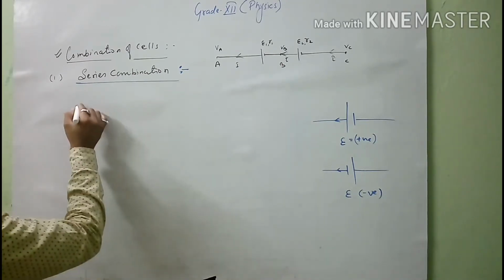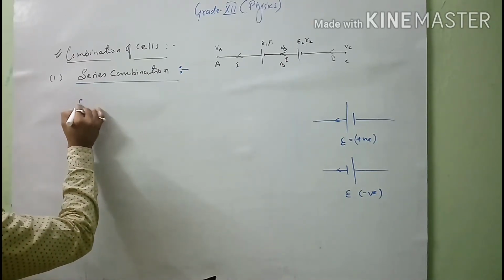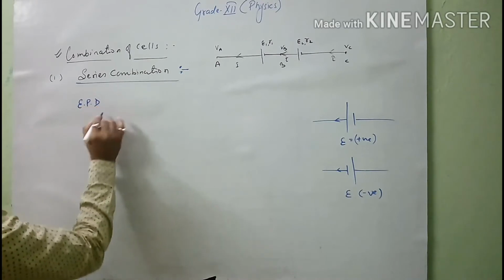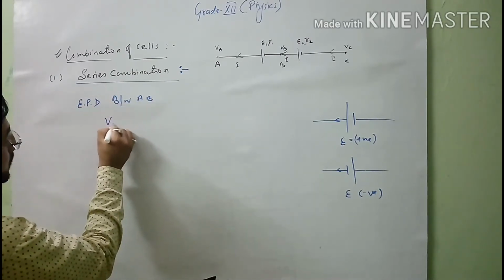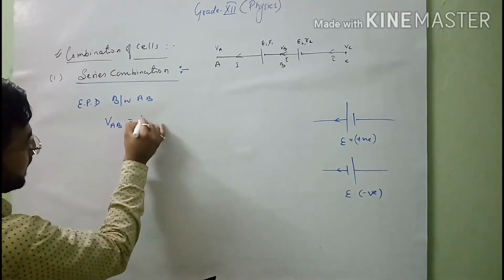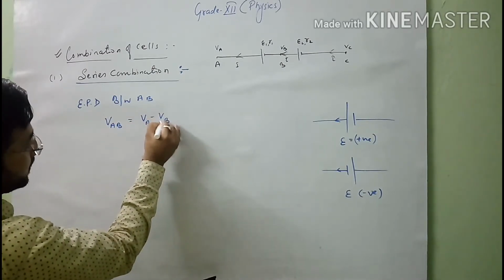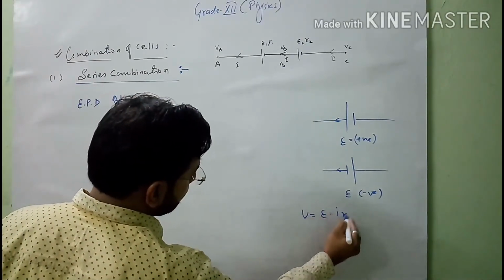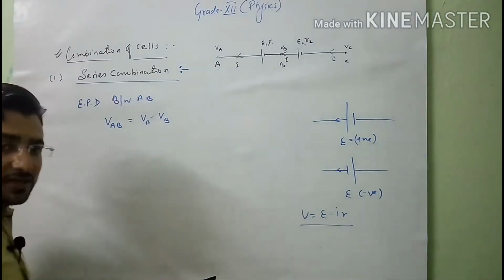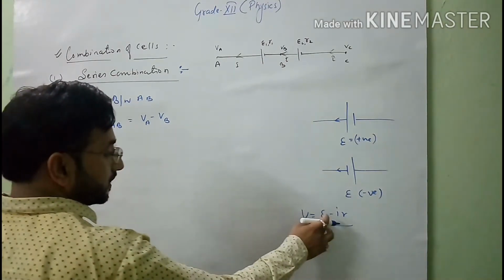From the diagram we can write directly the electric potential difference between A and B, which is VAB, and VAB can be written as VA minus VB. With the relation V equals E minus IR, when the cell is discharging, V equals E minus IR.